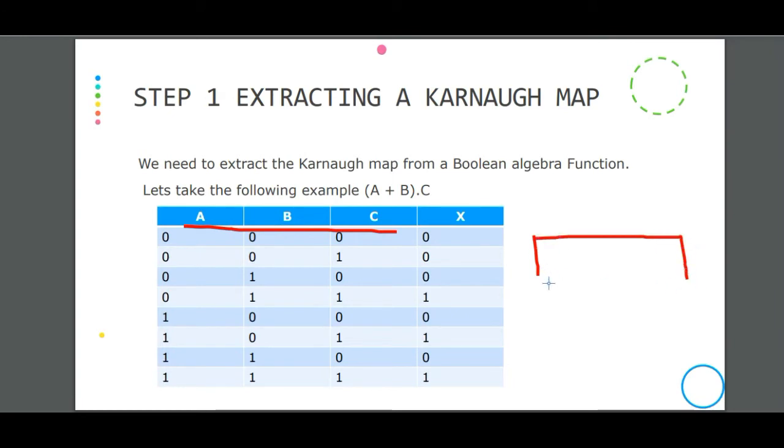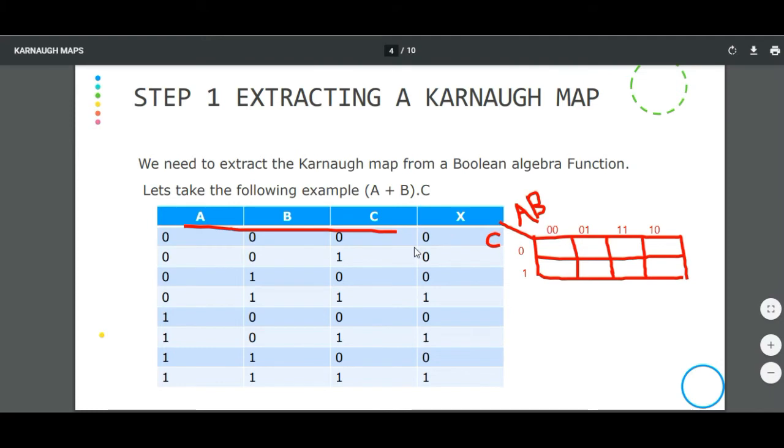You can write it down here. One, 2, and 3. Then I'm going to put A and B on this side, and C on this side.